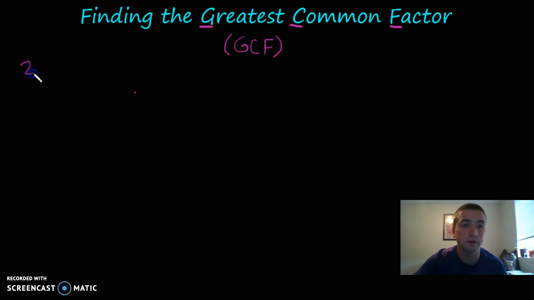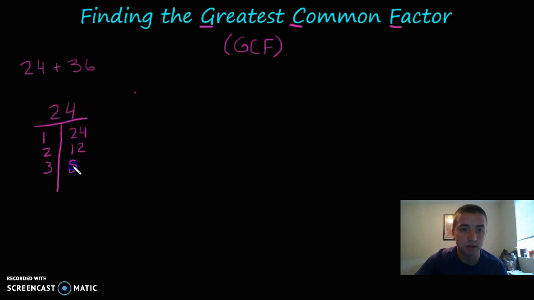So if I have the numbers 24 and 36, I'm going to just start by listing the factors of 24. So I'm going to make my t-chart, so I know the 1 and 24. I know 2 works because 24 is even. So 2 times 12. I know 3 works because 2 plus 4 is 6, and I can divide 6 by 3.